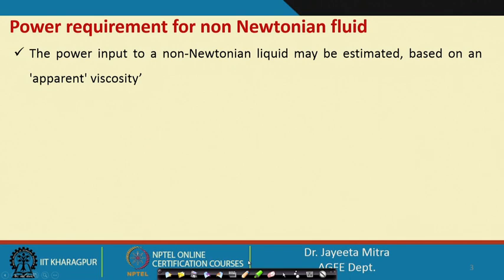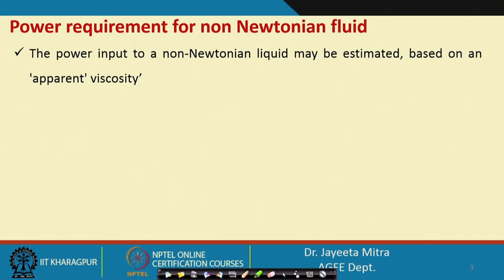So, we will see today the power requirement for non-Newtonian fluid. Now, the power input to a non-Newtonian liquid may be estimated based on the apparent viscosity.